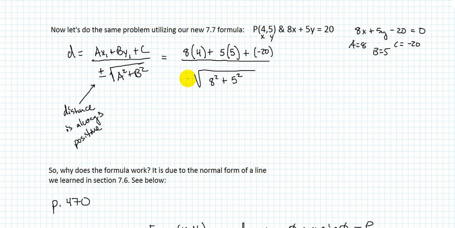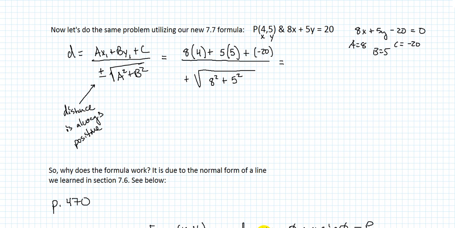And again, you would put the plus or minus out here, but it doesn't matter, because on the top you're either going to have a positive or negative, and you're either dividing, getting a negative or a positive. And the answer, even if it's negative, the distance is still positive. That's confusing, but when we do problems it'll make more sense. But so you do the math up here.